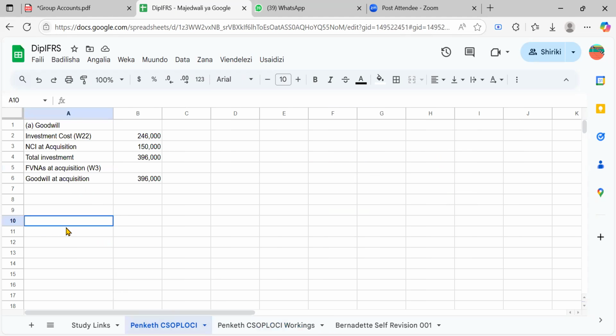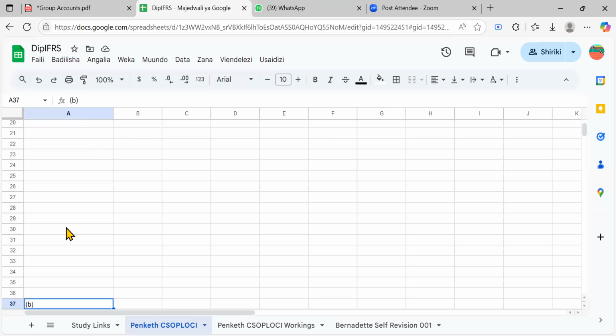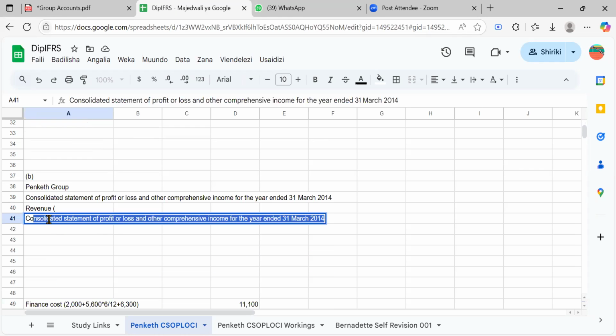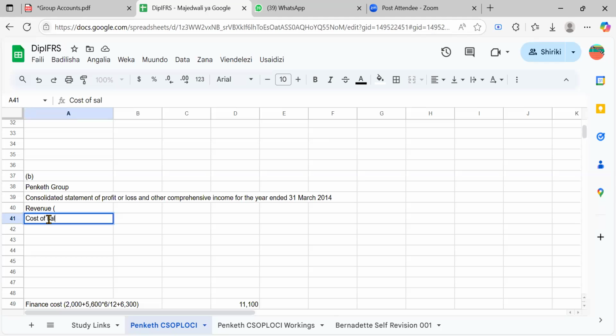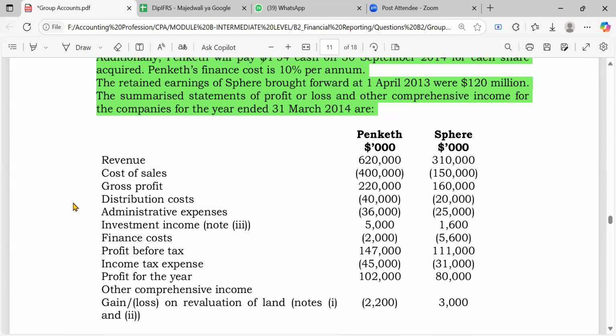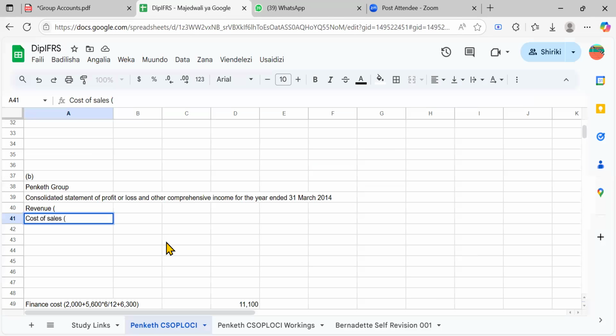Cost of sales, after revenue, we have cost of sales, right? Yes. Let us go for the figures. Cost of sales, how much? 400 and 150, right?